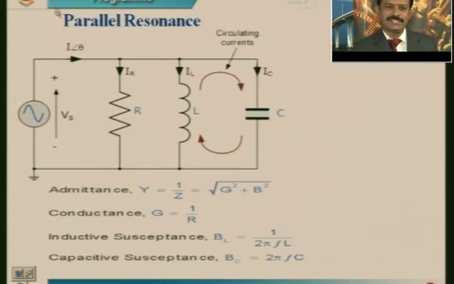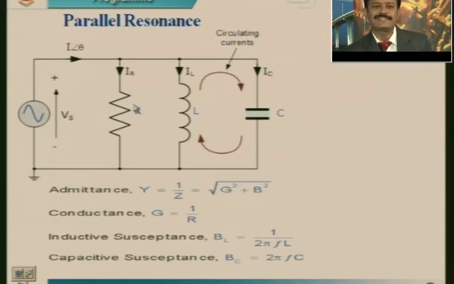Now, look at the general parallel resonance circuit. This is the AC supply voltage, and resistance R, L and C are connected in parallel to each other, and the voltage across resistance, inductance and capacitance is the same. In a parallel circuit, the voltage across each branch is the same, but the current divides into three parallel paths: IR, IL and IC.